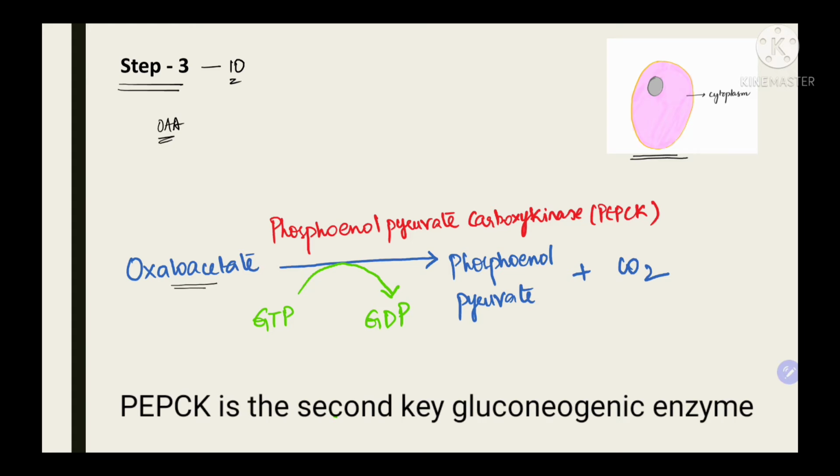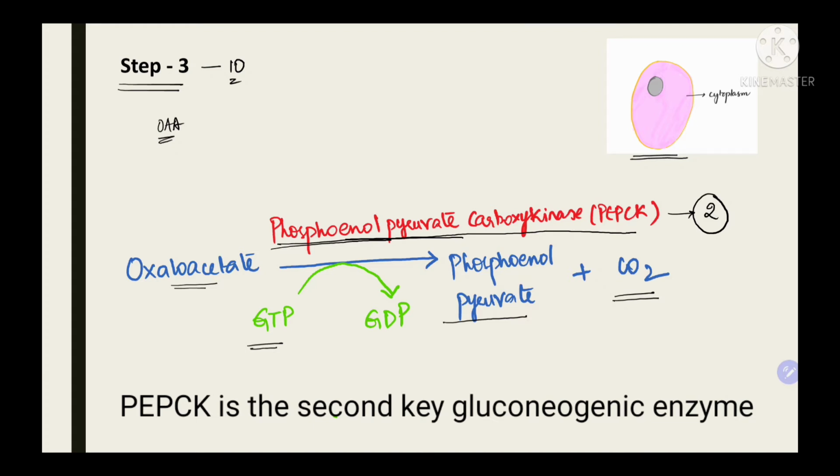The oxaloacetate undergoes decarboxylation in the presence of the enzyme phosphoenol pyruvate carboxykinase to form phosphoenol pyruvate and a carbon dioxide molecule. This PEPCK enzyme, or phosphoenol pyruvate carboxykinase, is the second key gluconeogenic enzyme, and in this reaction GTP serves as a phosphate donor.